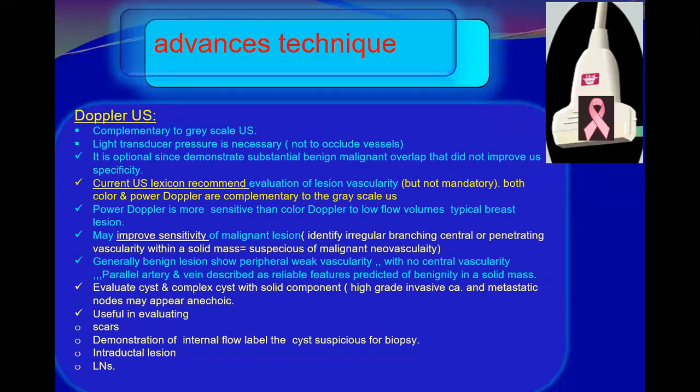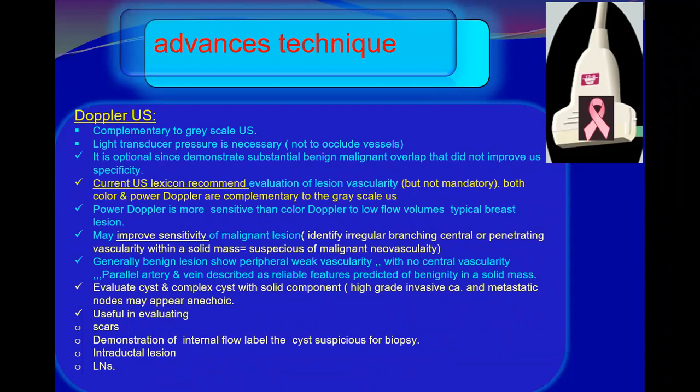We'll see it in the interpretation part of the ultrasound, but the pattern of vascularity is a little more suspicious than in benign lesions, which are usually peripheral, with separable vein and artery at the periphery of the lesion, not within the center, more in favor of benignity.